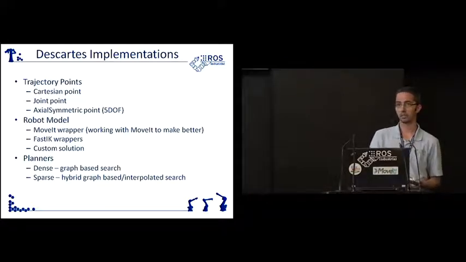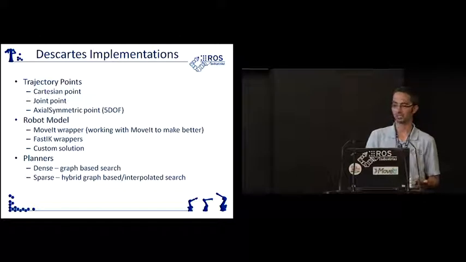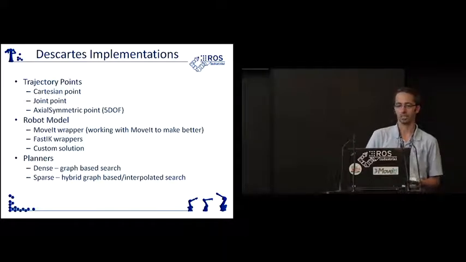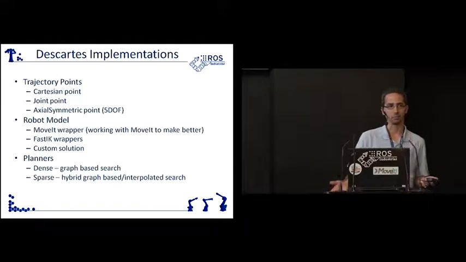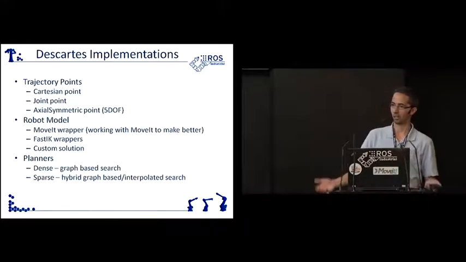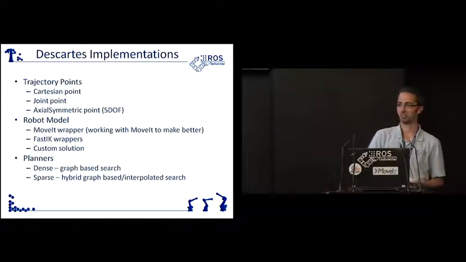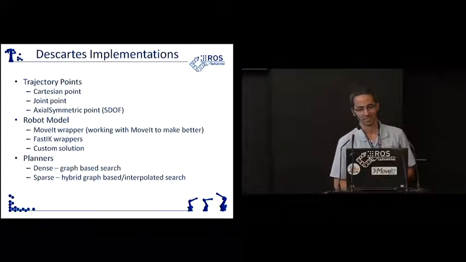The first one we implemented, we called dense. It's a graph-based approach, and it takes into account every point within the trajectory. And then we found, by taking into account every point in the trajectory, that sometimes you ran out of memory. So the next one was called sparse. We're great at naming, by the way.